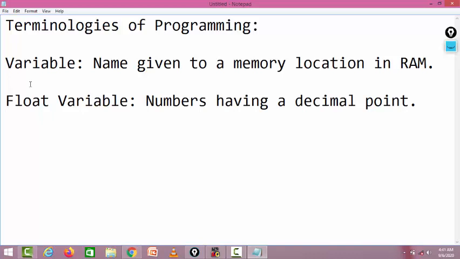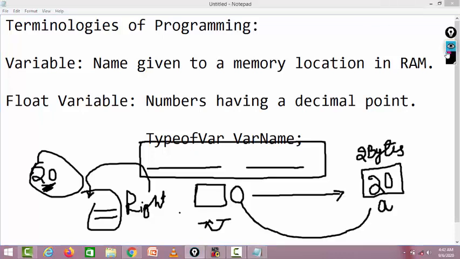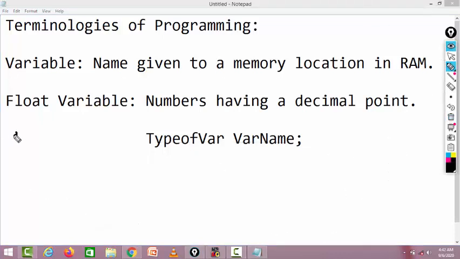So as in the previous part of the integer, first you have to write the type of variable, space, the name of variable. Same is the syntax in this, and never forget the semicolon symbol. For example, a user is interested to store 2.5 in the memory. So what does he have to do? He has to declare a variable, a float variable.